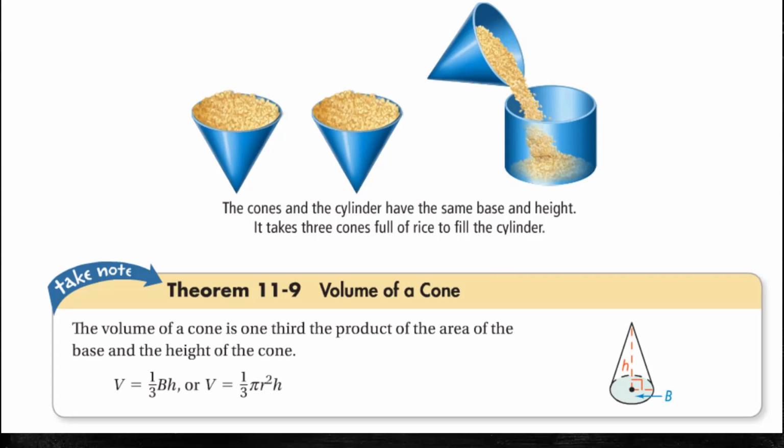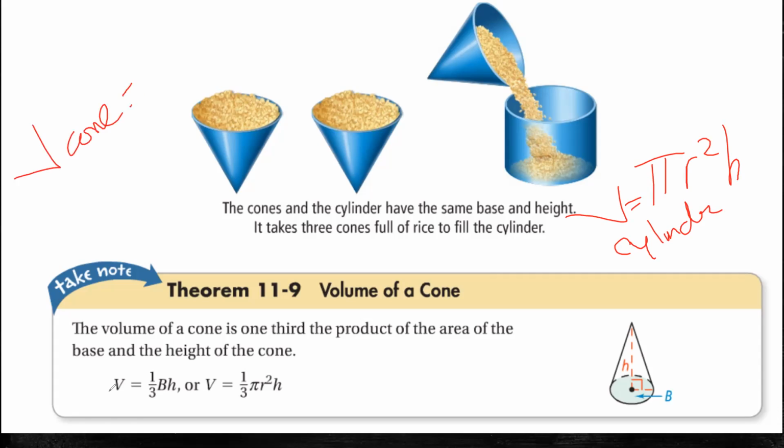That's why, since the volume of the cylinder is pi r squared h, the volume of the cone will be pi r squared h divided by 3.